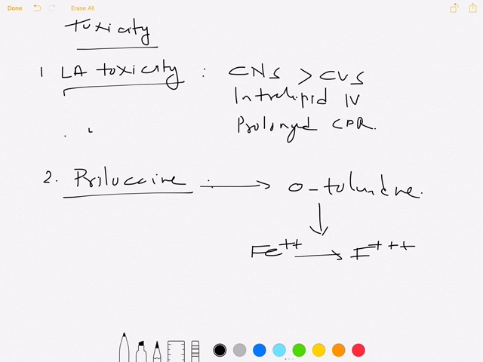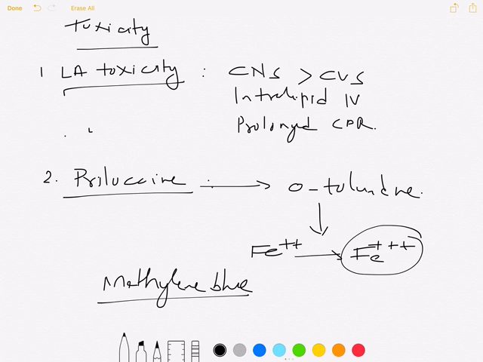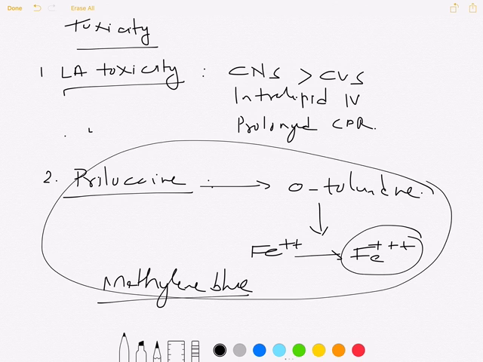And the treatment is methylene blue. This happens more in neonates because neonates have a very low level of methemoglobin reductase enzyme. So children are more prone to methemoglobinemia.